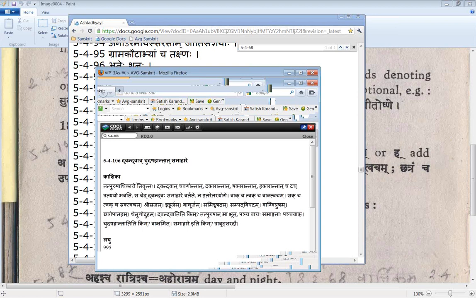Now we went on to this interesting sutram, the longest sutram in the Ashtadhyayi, the seventy-seventh sutram in the fourth pada of the fifth adhyaya.